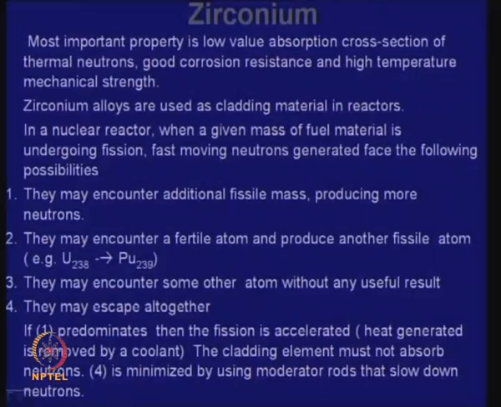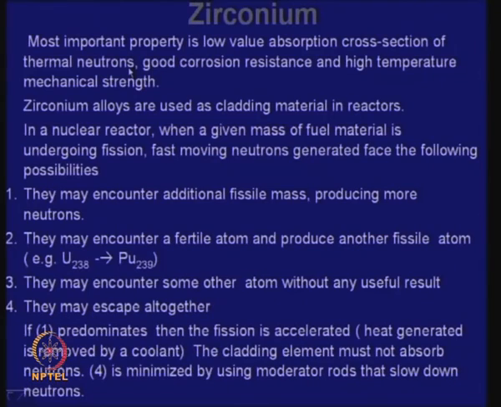Now, zirconium of course has many applications. There are alloys where zirconium is used, but the most important property of zirconium that we want to exploit in nuclear reactors is its low absorption cross section of thermal neutrons. What does that mean?